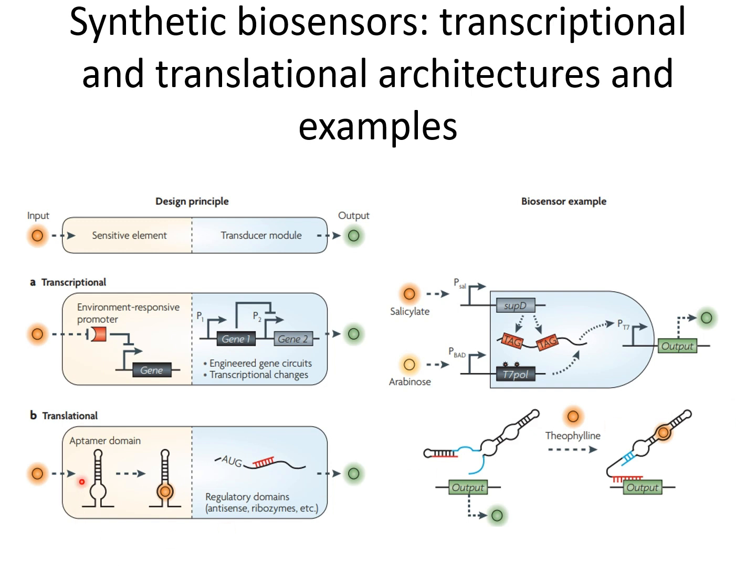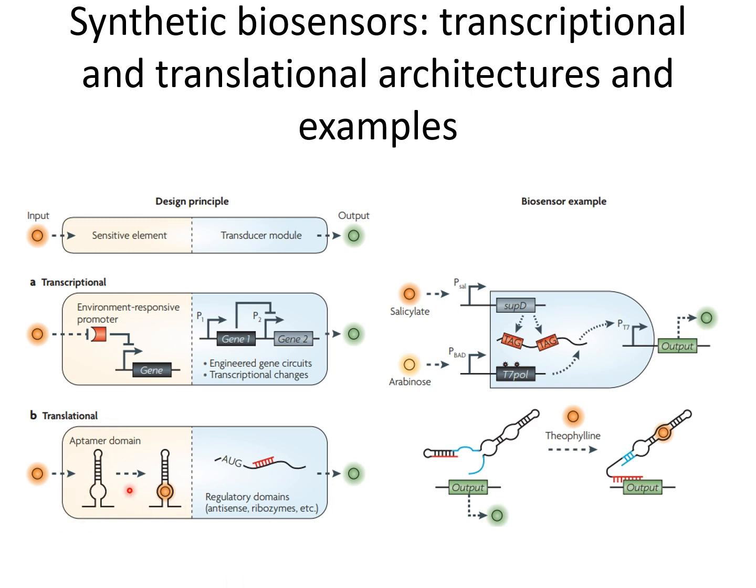Now into the translational biosensors. These work a little bit differently. Instead of relying on transcription and promoters, they use RNA structure to control whether a protein is translated. A very great example is the anti-switch biosensor, which includes two domains in one RNA molecule.